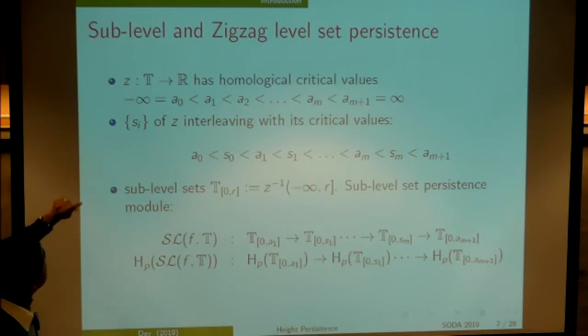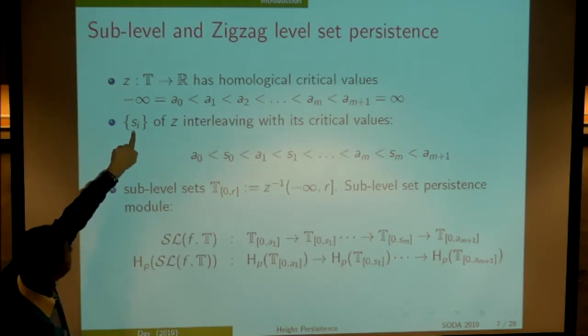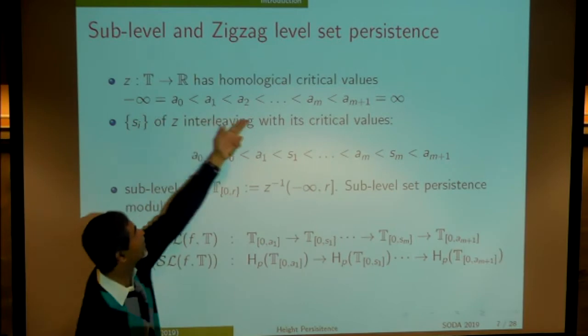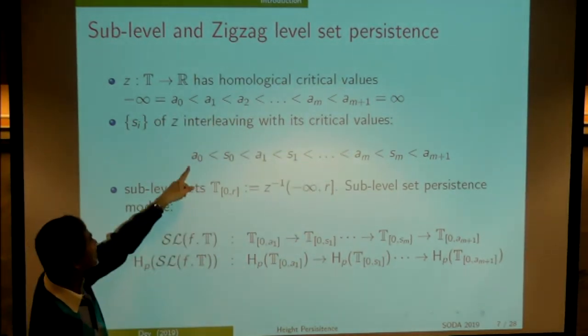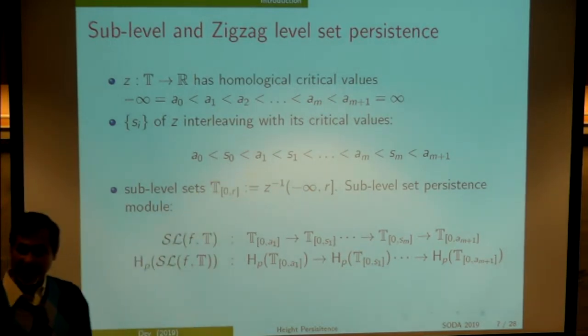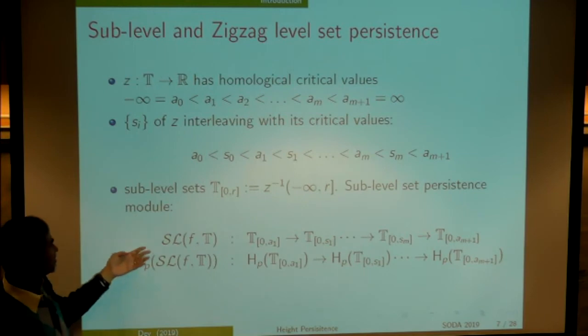I also need a set of intermediate values interleaving with the values of a. These a_i are the critical values of Z where the homology changes, and the s_i are the intermediate values interleaving with them.